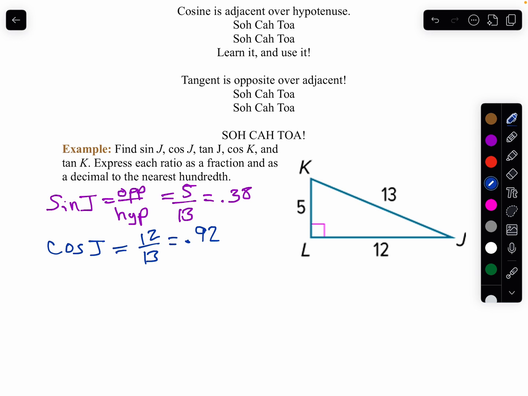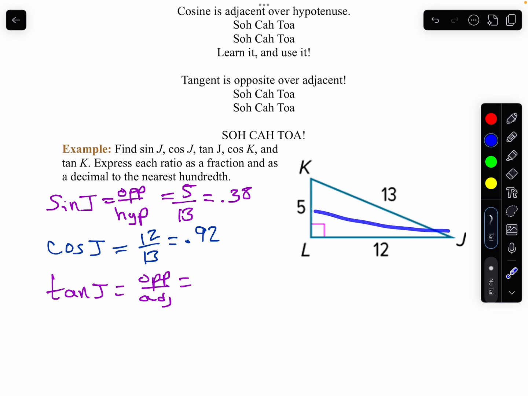Now let's take a look at the tangent of angle J. Tangent is opposite over adjacent. So the opposite of J is 5. The adjacent is 12. So it's 5 over 12. And 5 divided by 12 is 0.42. Those are all the ones for J.